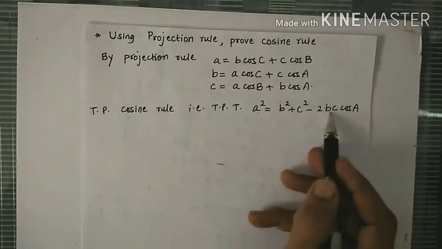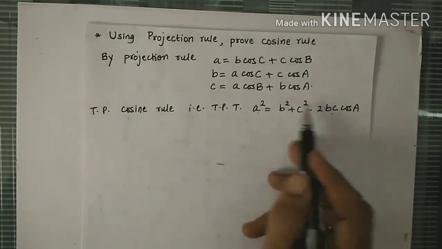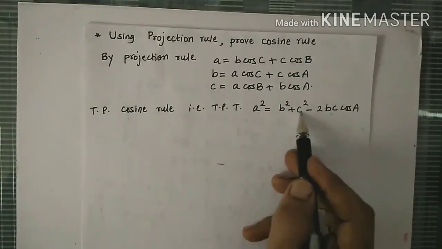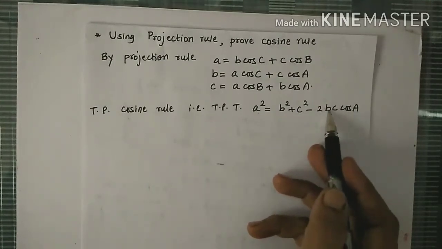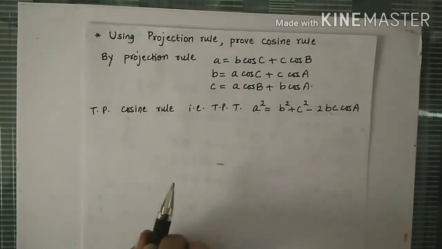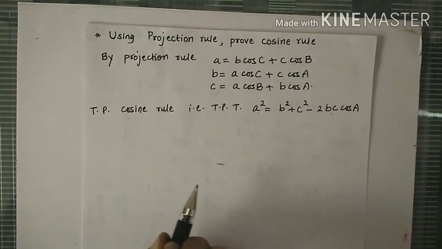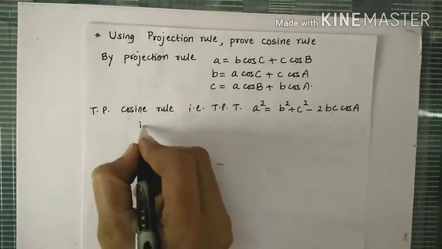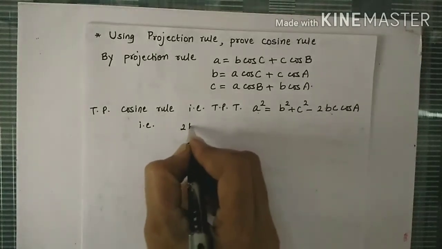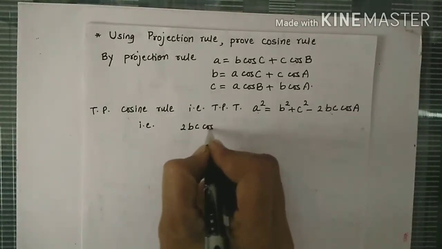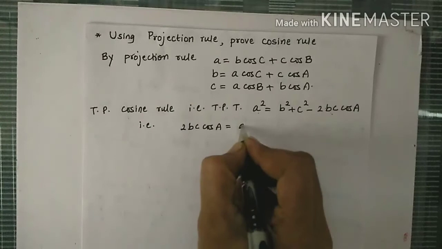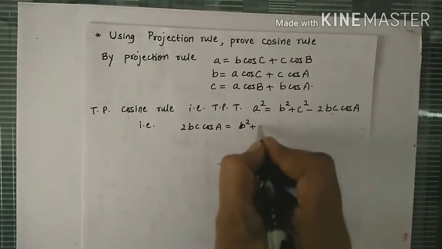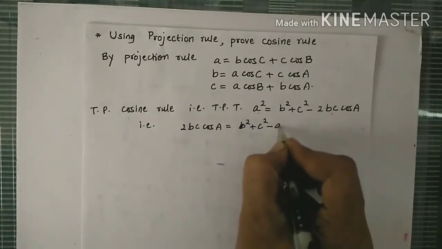We can interchange these two terms, so this will become minus here. So that will be b square plus c square minus a square, and transferring this term to the left hand side, we will get 2bc cos A. So let's prove that. That is 2bc cos A equal to b square plus c square minus a square.